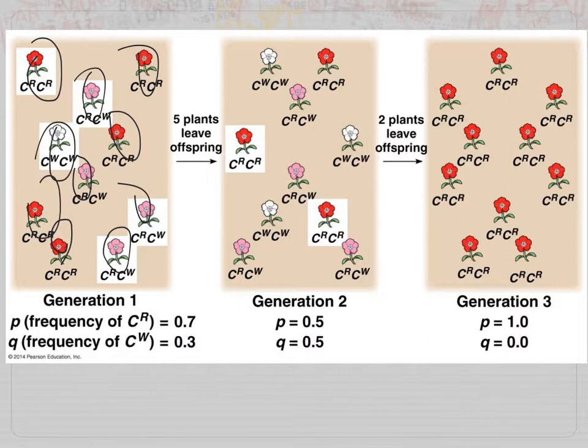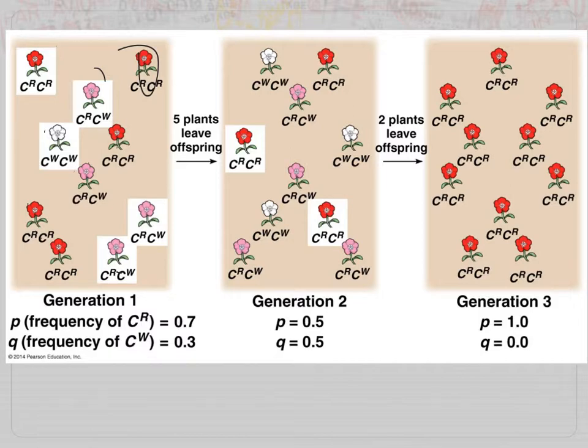So if we're only looking at the ones that are highlighted in the white boxes, then we're going to say that those are the only ones that could leave offspring behind. So then we come over to our second generation, and because there was only one red one over here that left offspring, and 3 pink and a white, now this is what we get.